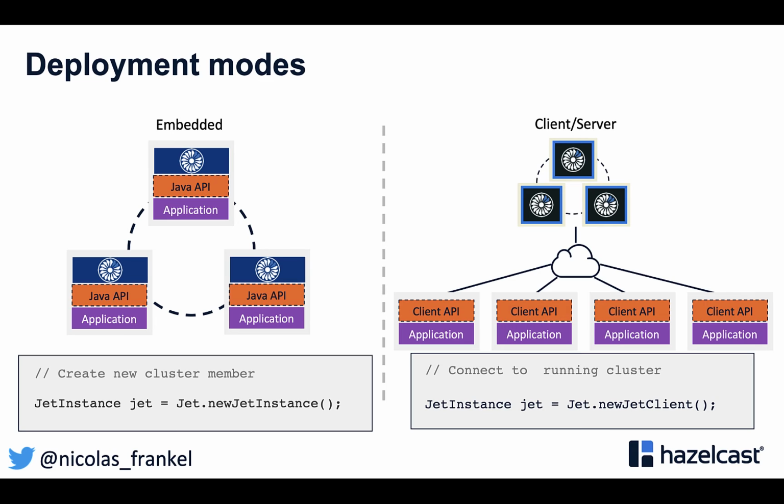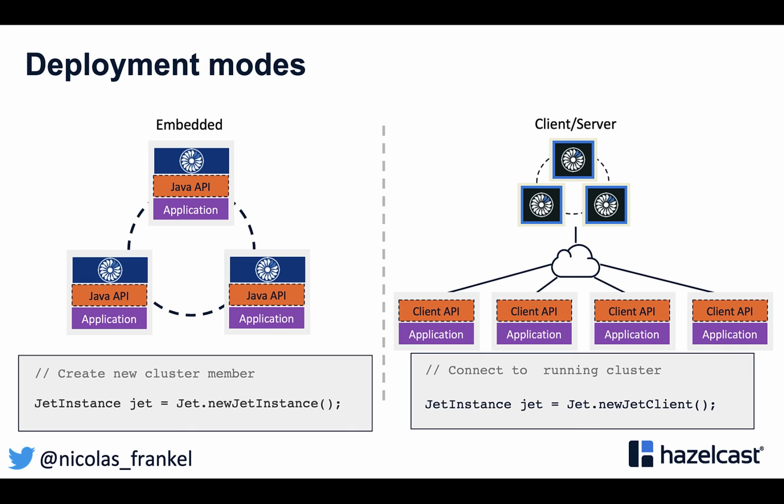As I mentioned, by default, the easiest way to run Jet is inside the Java application. You declare it as a dependency, so basically it becomes a jar that you can use. Then you start it using this new Jet instance, and they will form a cluster.